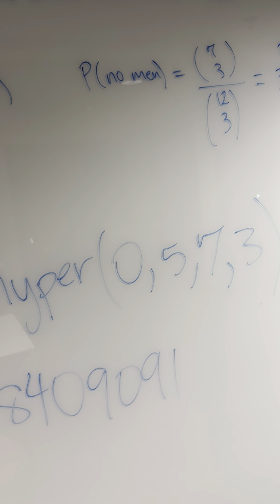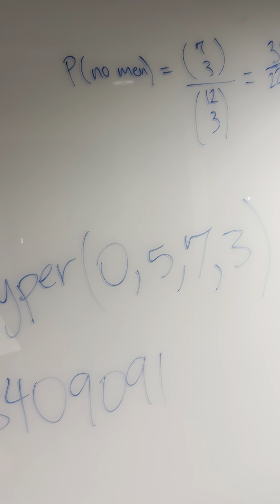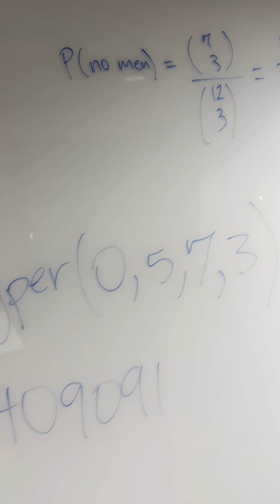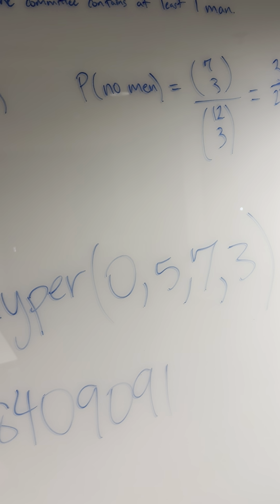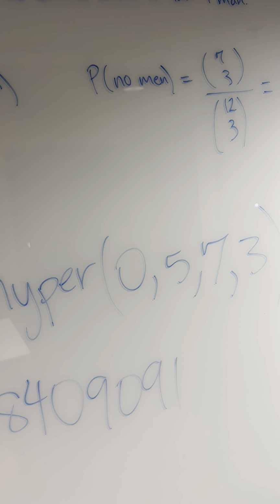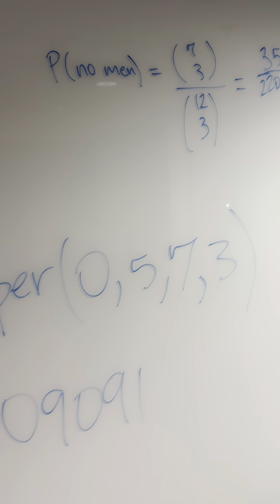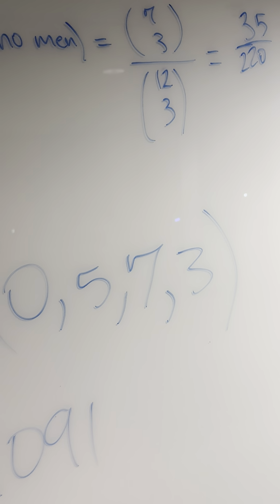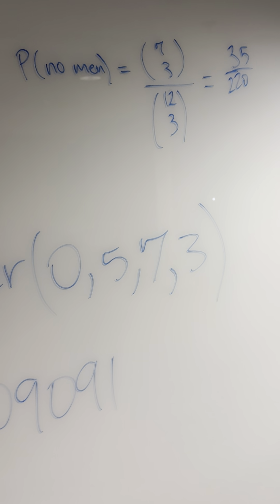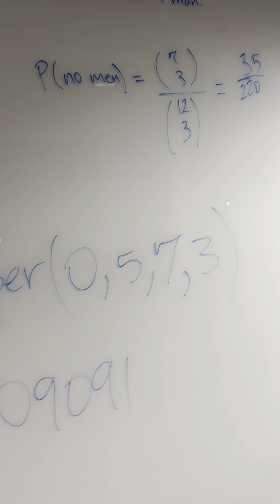M is the number of successes in the population, so there are 5 men total, so 5 goes in for M. And then N is the number of failures, so the number of women in the group, which is why 7 is in that spot.